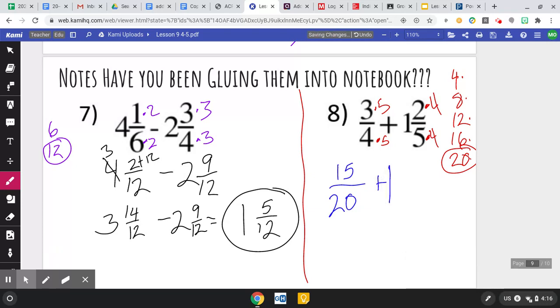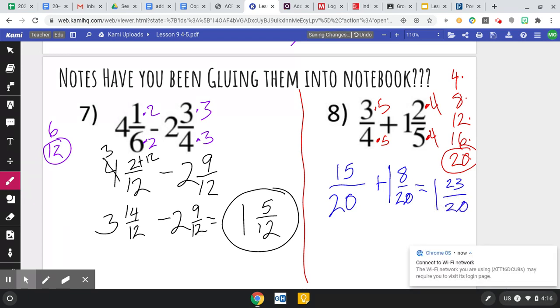And then 8/20. So we have 15/20 plus 1 and 8/20. So now we can add. 15 plus 8 is 23 over 20. And then 0 plus 1 is still just 1.